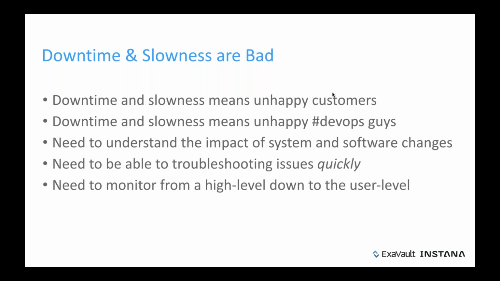And so we need to know when something that has changed is impacting system performance. We do a ton of testing, we do load testing, things like that, but there are always cases where some system or some service is performing differently than you expected or differently than you saw in your test environments, and it's impacting customers, and you need to be able to know that.